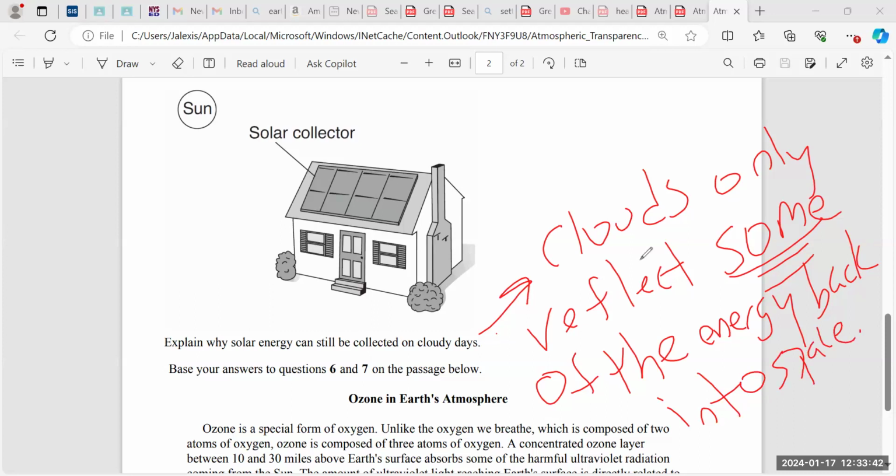All right. So that's something to keep in mind. Clouds don't reflect all of the energy, they only reflect some. That's why even when it's cloudy, right, we can still see, hey, it's daytime, right? It's not nighttime, right? Because clouds are only reflecting some of the energy back into space that comes from the sun. So that's something to keep in mind.